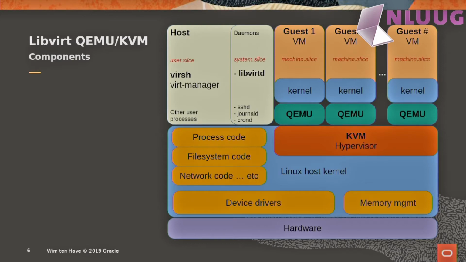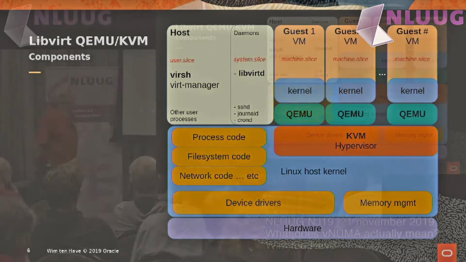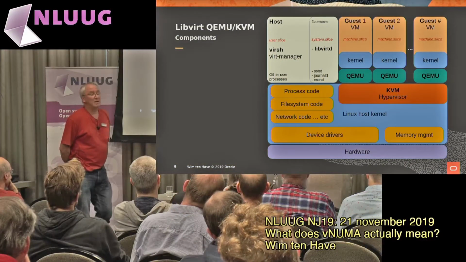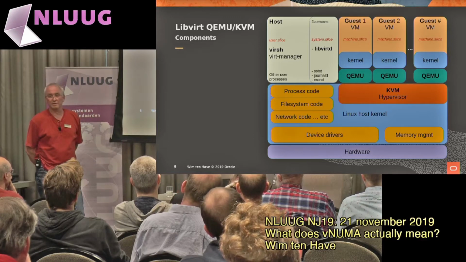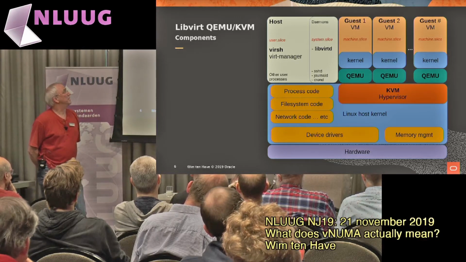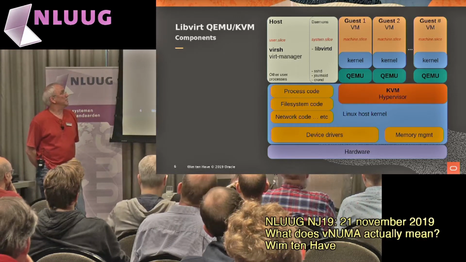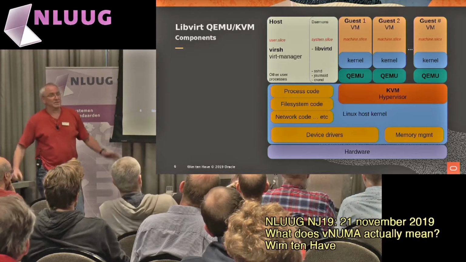And under the system slice, there's a daemon called libvirtd, which started out as a library, but it is a system service. It's a daemon under Unix systems, which manages various QEMU processes, or Xen.